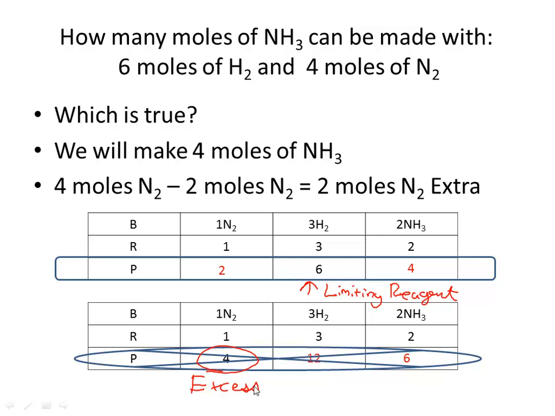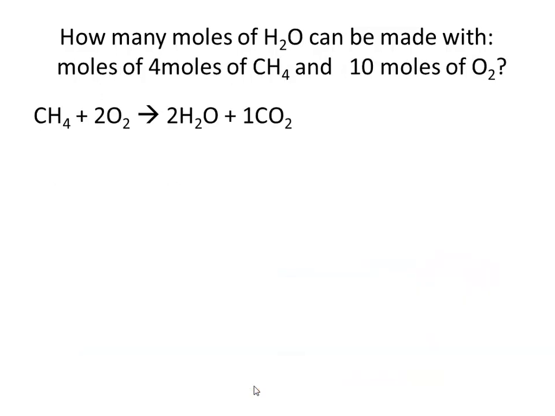I'm not going to put 20 slices of bread in 1 grilled cheese sandwich. That's ridiculous. Just as ridiculous as making 6 moles of ammonia with only 6 moles of hydrogen.